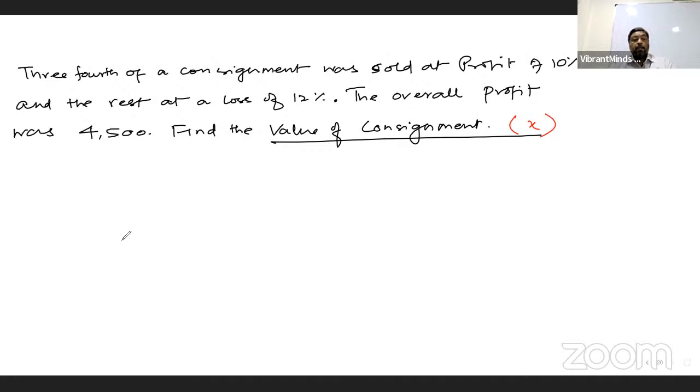Then 3/4 of the consignment, that is 3x by 4, was sold at a profit of 10%, and 1/4 of the consignment was sold at a loss of 12%. 12% loss means minus 12 by 100. So this gives you 4,500.